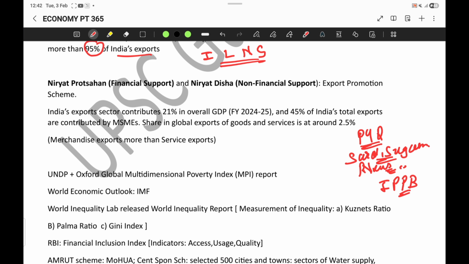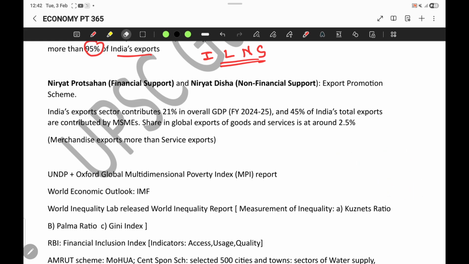So terms are very important for UPSC. We have the terms Niryat Protsahan, that is financial support, and Niryat Disha, that is non-financial support. For what? They are support schemes for export promotion. Niryat Protsahan and Niryat Disha are put into place for export promotion.